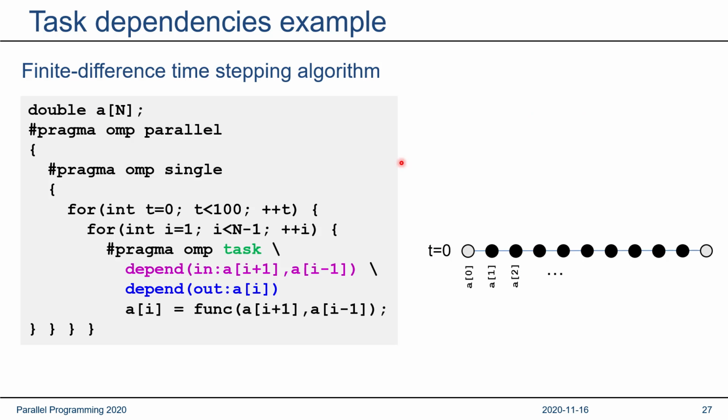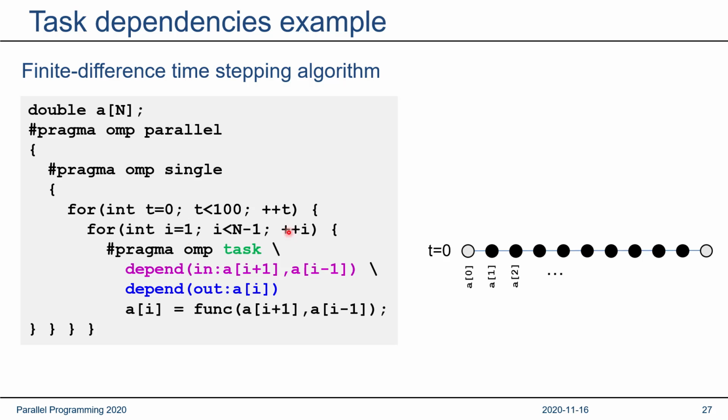Now, to shed a little bit more light on this, here's a more relevant example. This is a finite difference time stepping algorithm. So we have time steps, which are denoted by this loop t going from 0 to 99. And we have a loop which goes from 1 to n minus 2.